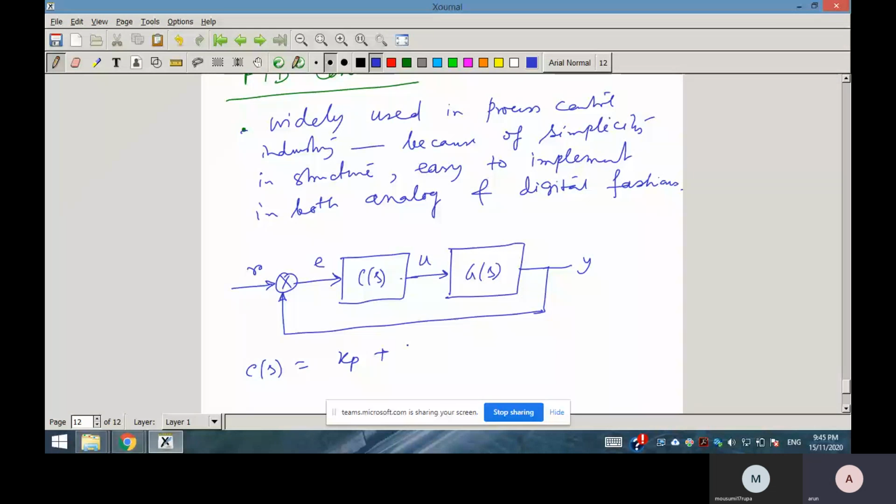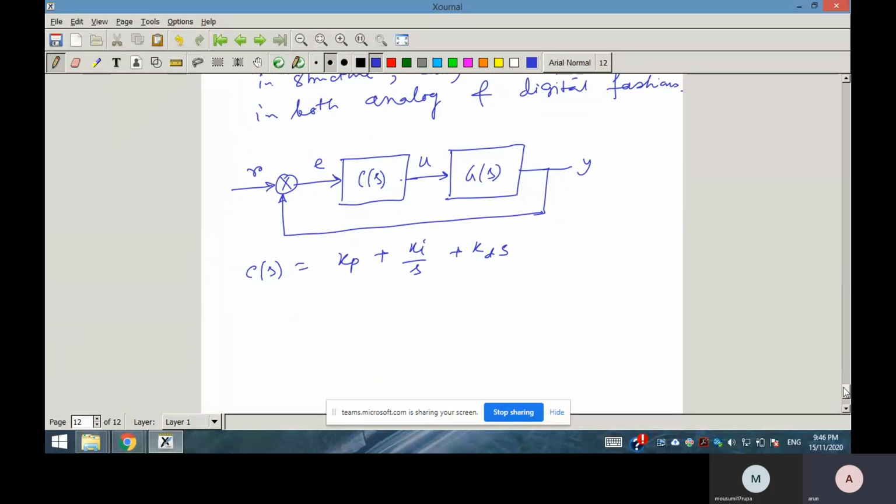The transfer function is Kp plus Ki by s plus Kd into s. This PID has three gains: Kp, Ki, Kd. Kp is the proportional gain, Ki the integral gain, Kd the derivative gain. You can also represent it in time constant form: Kp into 1 plus 1 by TI s plus TD into s. TI is called the integral time constant, and TD is called the derivative time constant.